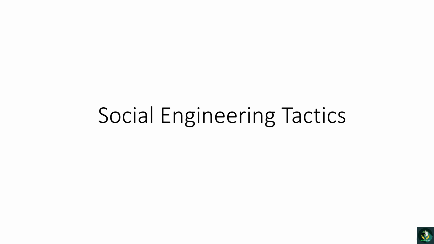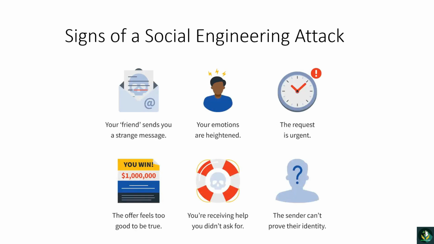Emails can be disguised to appear as though they originated from a known sender when they are sent from a hacker. More elaborate tactics targeting specific people might involve learning about their interests and then sending the target a link related to those interests. So let's talk about signs of a social engineering attack.